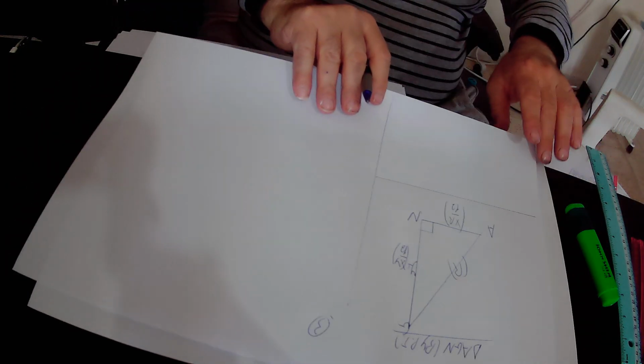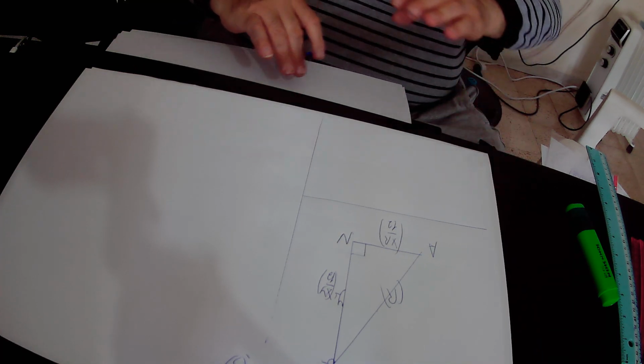So actually, this is the right triangle AGN that I took from the original drawing.